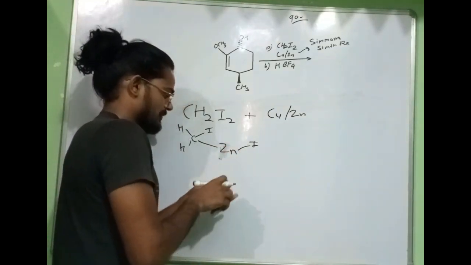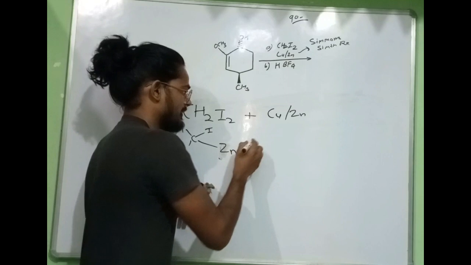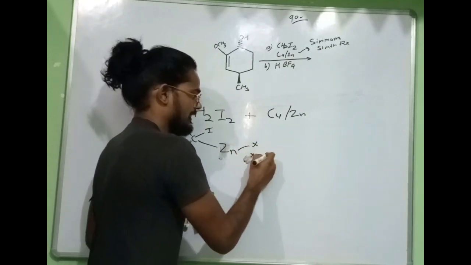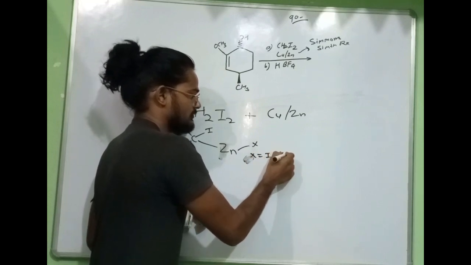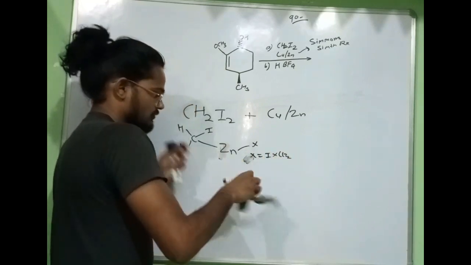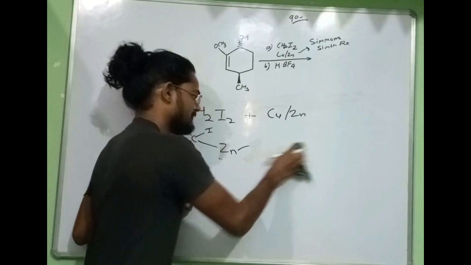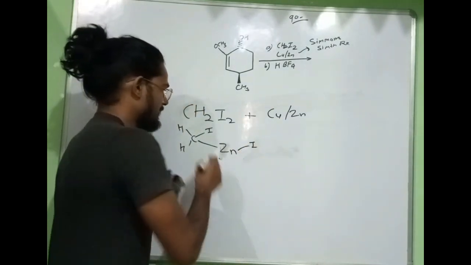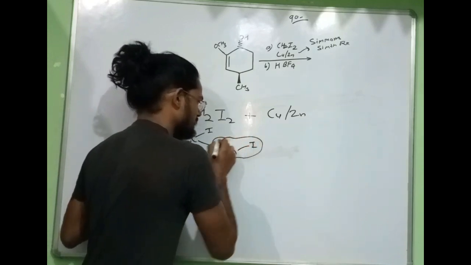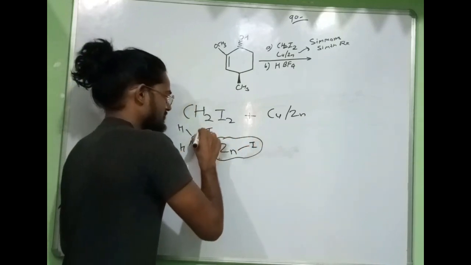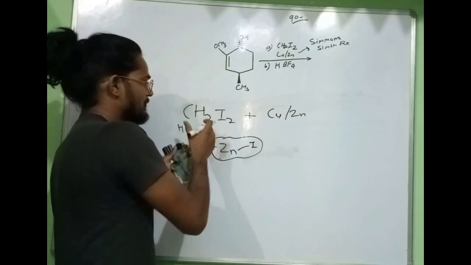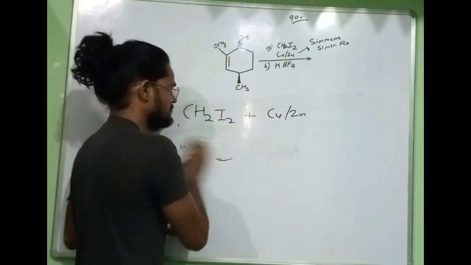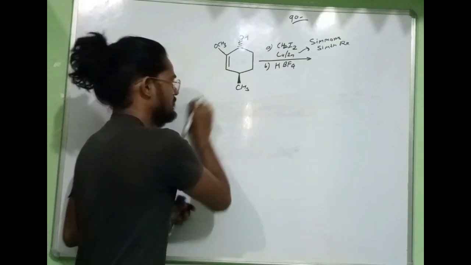Here X means the halide, or CH2 group. So generally here we write X. This part is your nucleophile part, and this is your leaving group. So we will apply this.